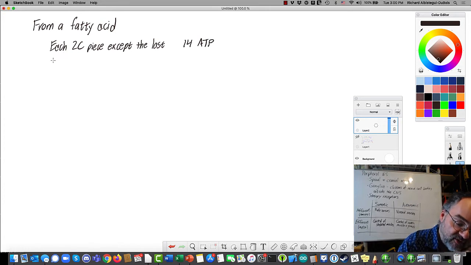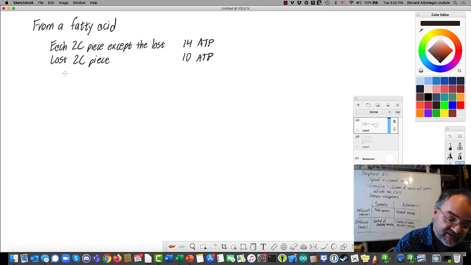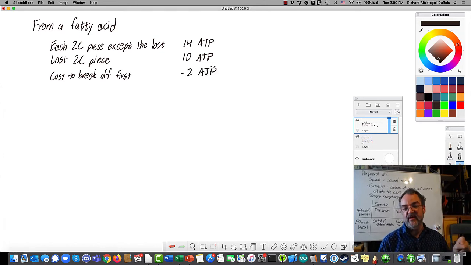From the last 2-carbon piece, the one that doesn't have to break off of anything, we get 10 ATP. And there's one more thing. To get the whole process started, to start the first breaking off process, so cost to break off the first one, that costs us 2. We have to put 2 ATP into the process to get it started.